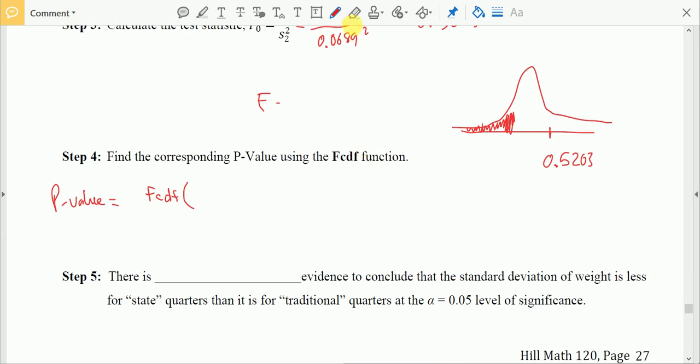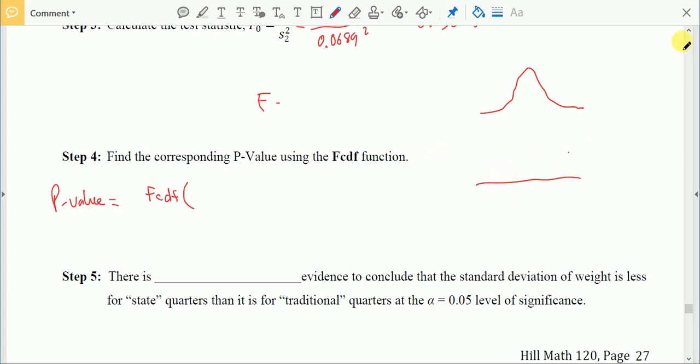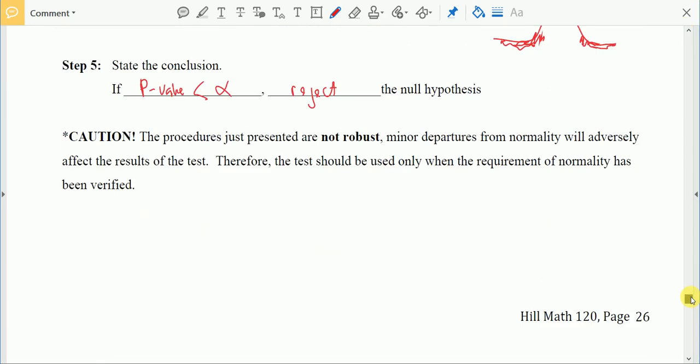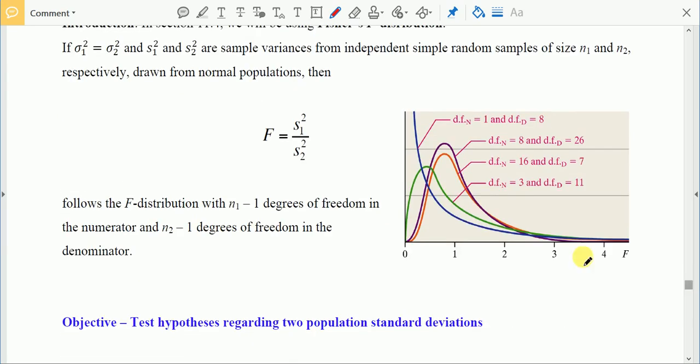Oh, sorry, this is not correct. Let me redraw the picture here. It shouldn't be symmetric. Remember, for the chi-square and the F distribution, we don't get a symmetric curve like in the last three sections, but you should get something similar to this here, right?